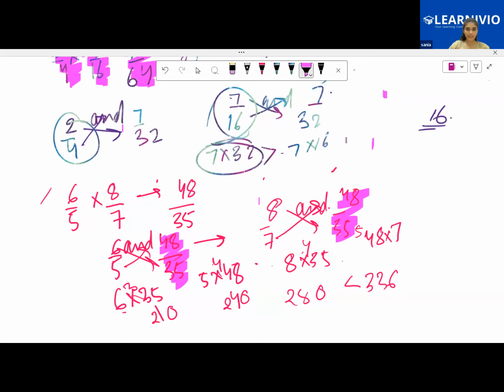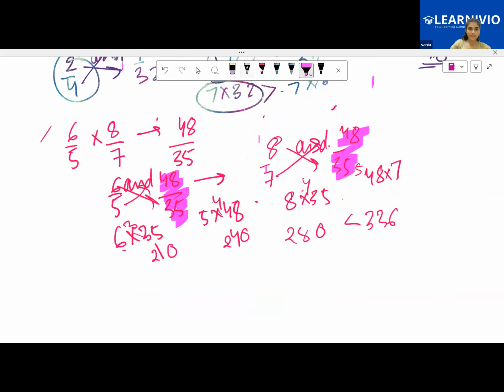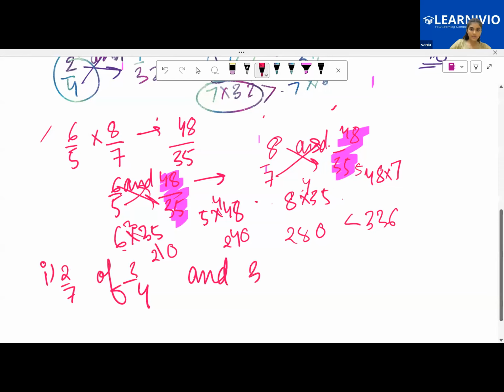Now, you have to compare these fractions. I'll give you a few questions. Please compare them and tell me the answer. You have to do 2 by 7 of 3 by 4 and 3 by 5 of 5 by 8.